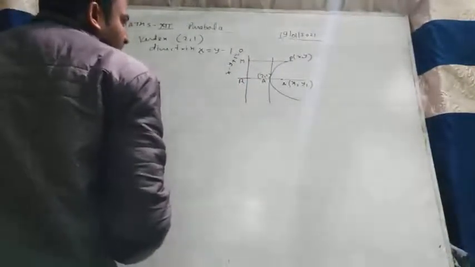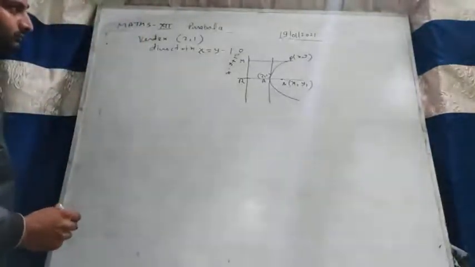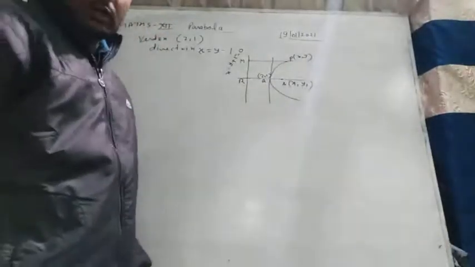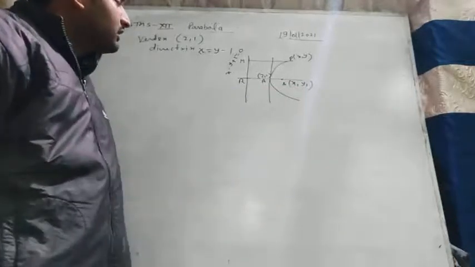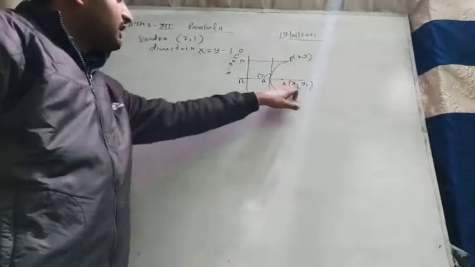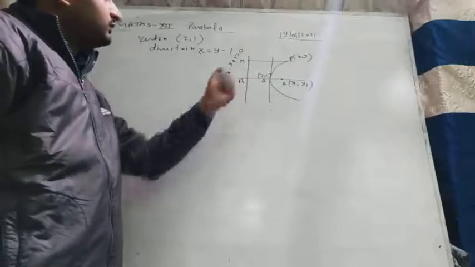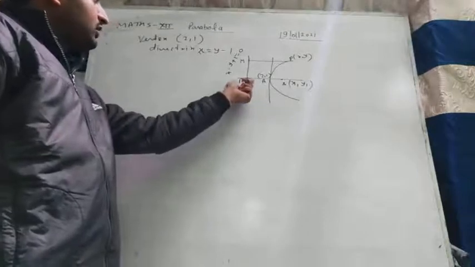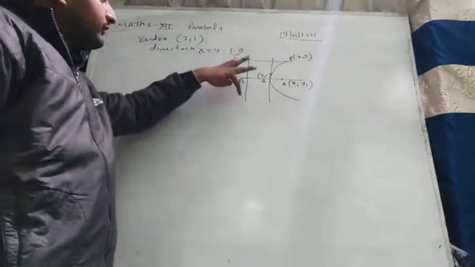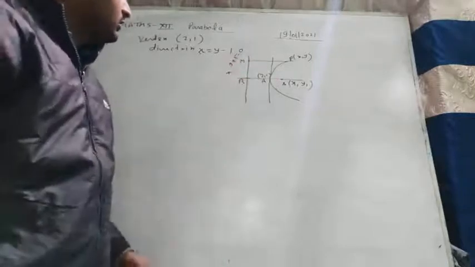So to find the equation of the parabola, we first have to find the coordinate of this x1, y1. To find the coordinate of x1, y1, we have to know the coordinate of this R. To find the coordinate of R, we know the equation of this line, so we have to find the equation of this line RS.